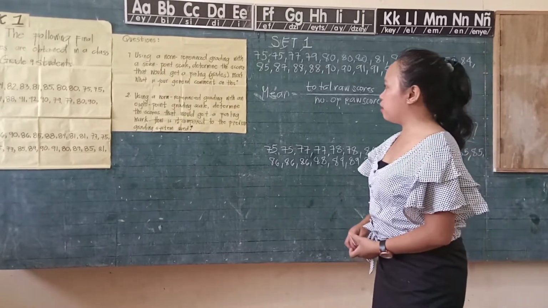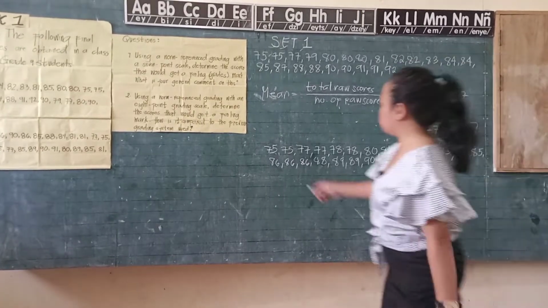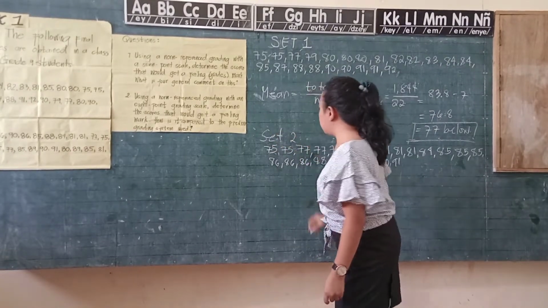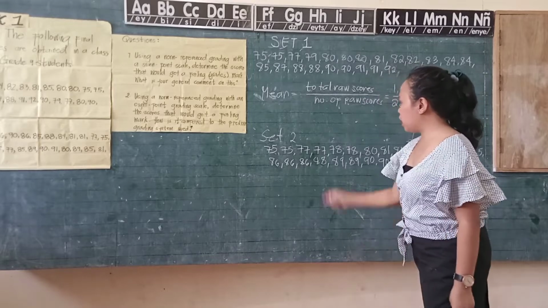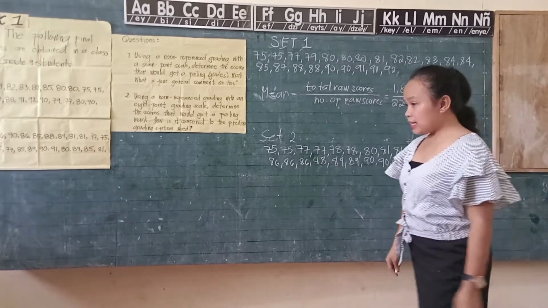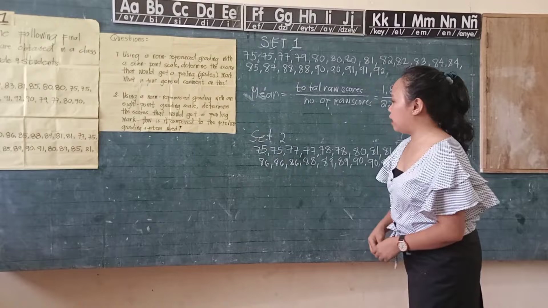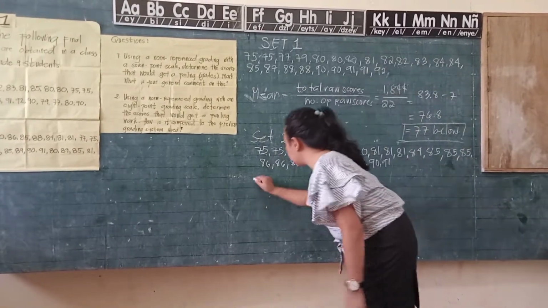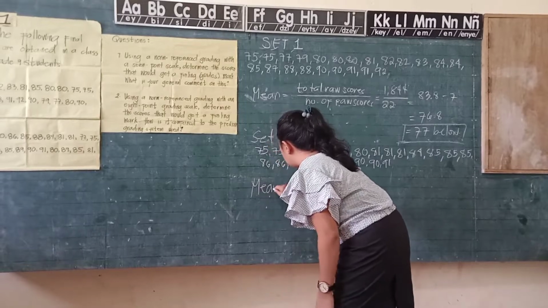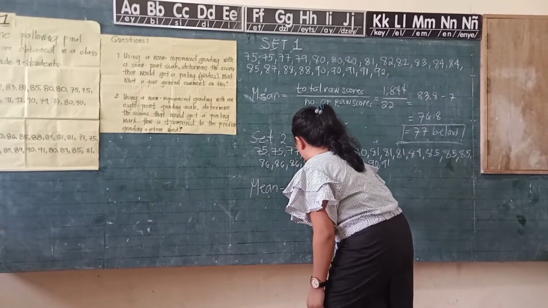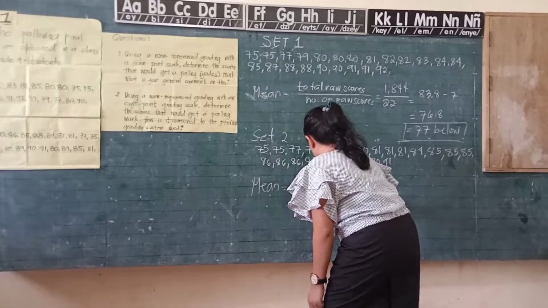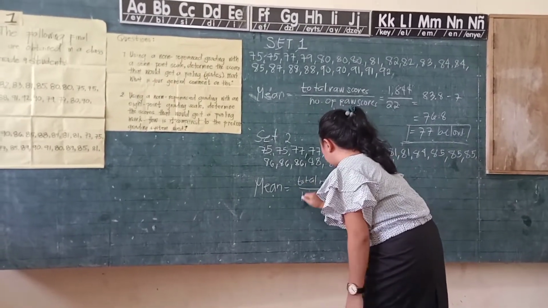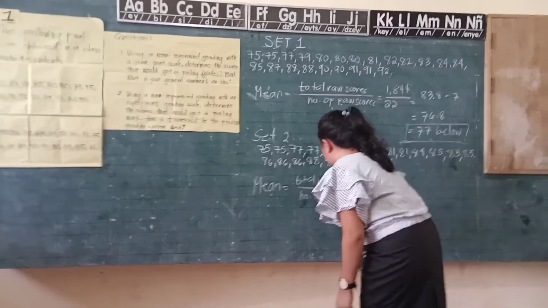a failing mark. So, again, set 2, we are going to arrange the raw score from the lowest to the highest. And we need to solve for its mean. So, mean is equal to the total raw score over number of raw scores.